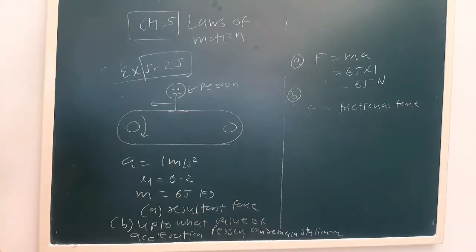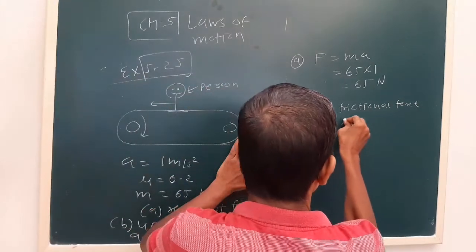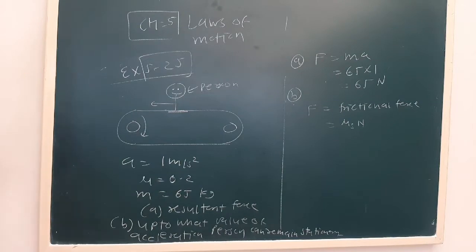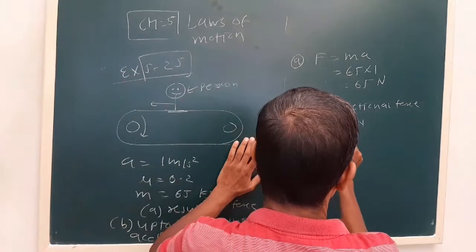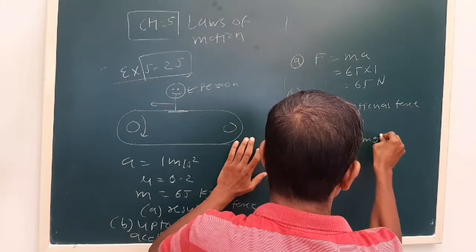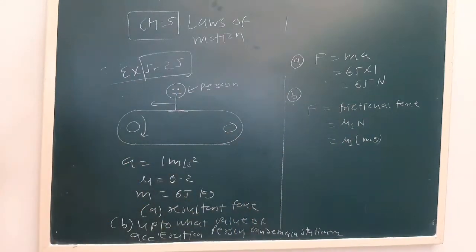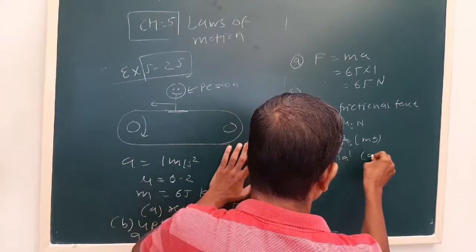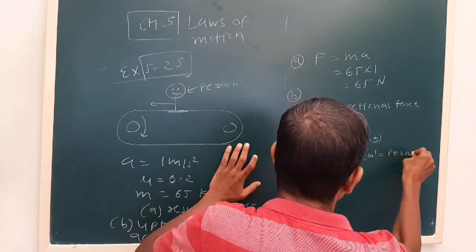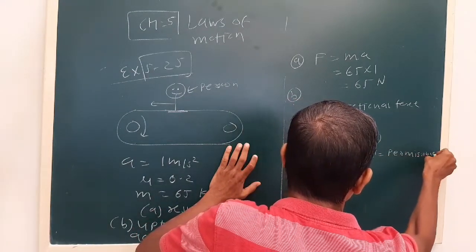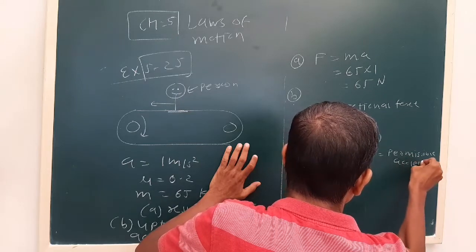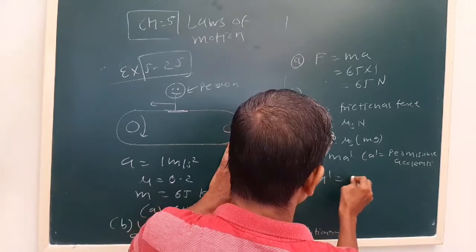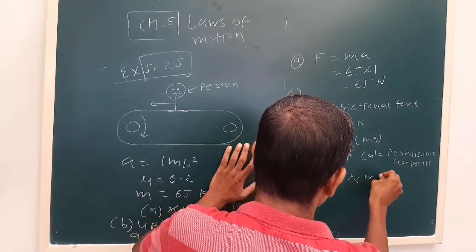Frictional force is mu s into N, but we know N is equal to mg. Now let us say the maximum permissible acceleration is a dash. So in that case, m into a dash is equal to mu s into m into g.